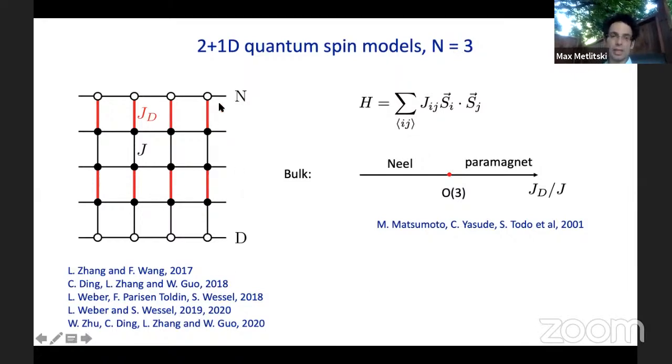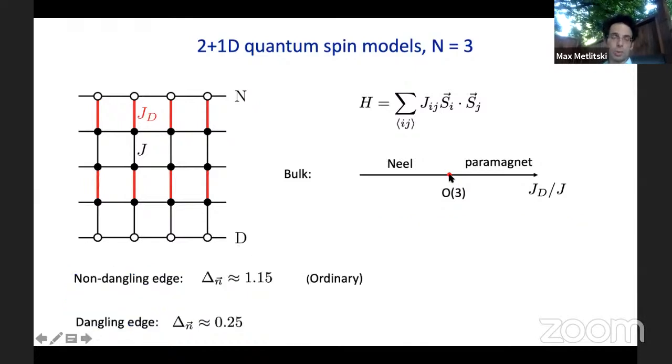The recent developments relate to the boundary criticality in these kinds of models. Actually, there are 2 kinds of boundaries one can study in this model, so-called non-dangling boundary and dangling boundary. For the non-dangling boundary, the boundary spins terminate on the strong bonds, and for the dangling boundary, the boundary spins terminate on the weak bonds. And when we go to the bulk critical point and study the boundary physics on these 2 edges, we find very different physics.